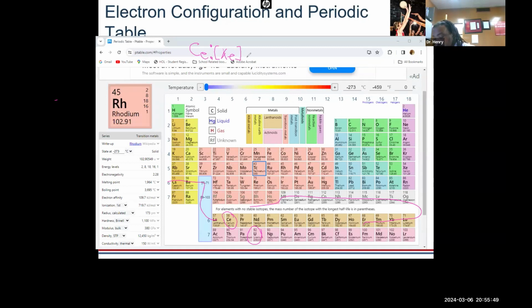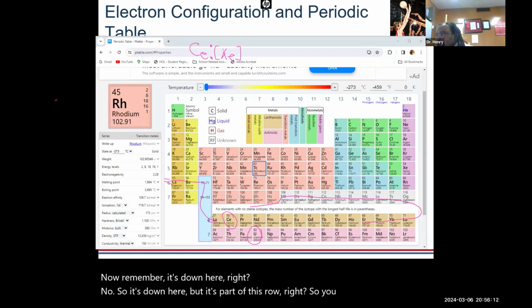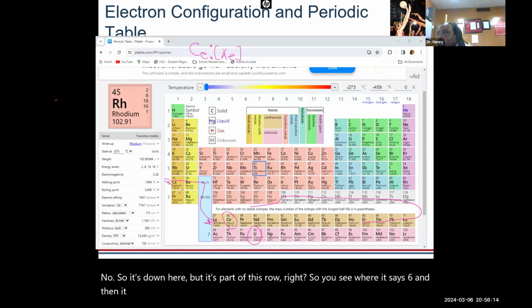Okay. We have Xe. And then does it start with 5s2? Now remember, it's down here, right? Oh, so 4s2? Nope. Wait. So it's down here, but it's part of this row, right? You see where it says 6, and it comes back up here, 6, right?